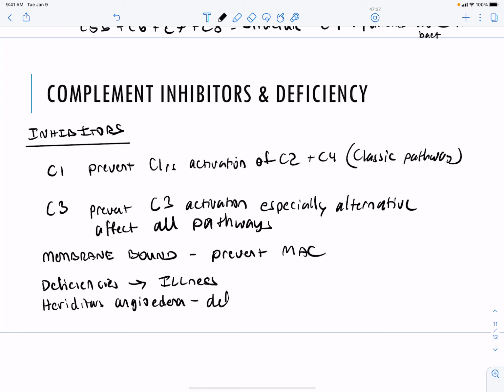And this is a defect of C1 inhibitors. So what that means is if you get complement activated by antibodies or C-reactive protein, C1 will just keep activating more C2 and C4 because you're defective of the inhibitors. So you get overactivation of complement.